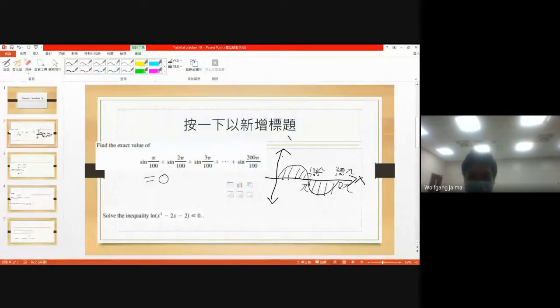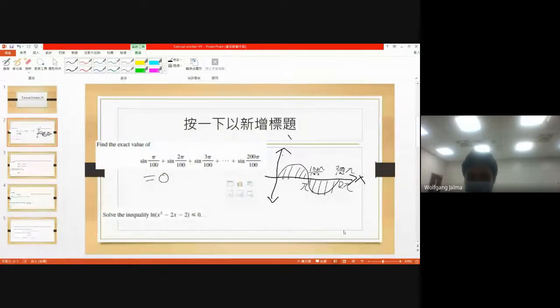And the inequality, this one is easy because we know that ln 1 is equal to 0. So this one is x squared minus 2x minus 2, basically smaller than or equal to 1, right?